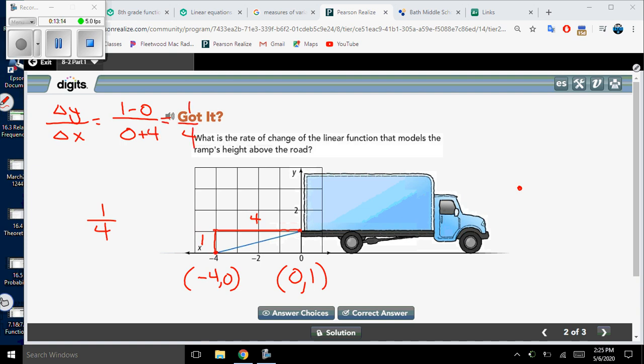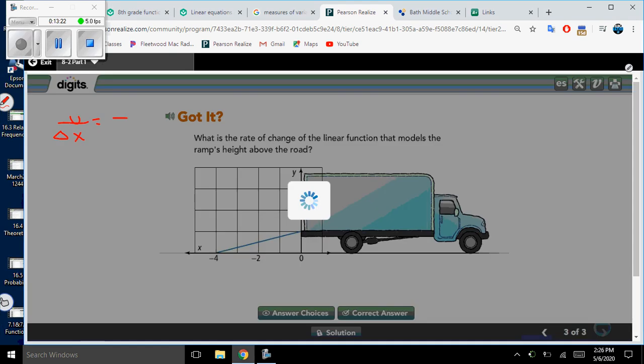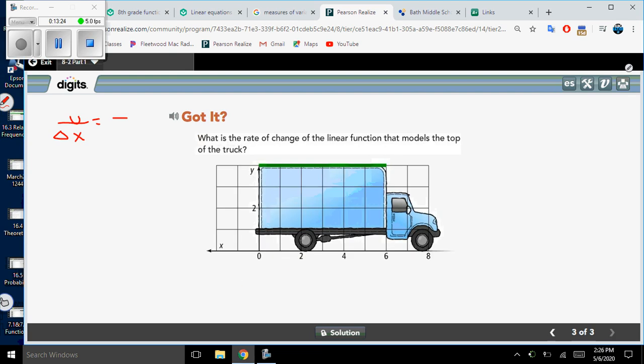So again, be versatile. Think about different ways that we can come up with these slopes on these particular pictures or videos or what have you. Reminder that if we're talking about the model, the top of the truck, in this case right here, the slope should be 0 on any horizontal line. Okay, slope is 0 on any horizontal line.